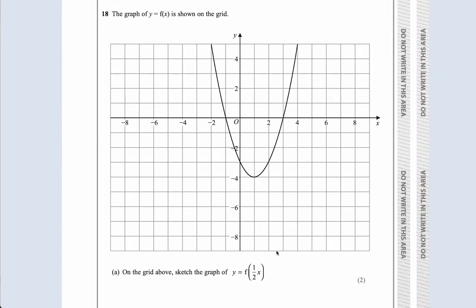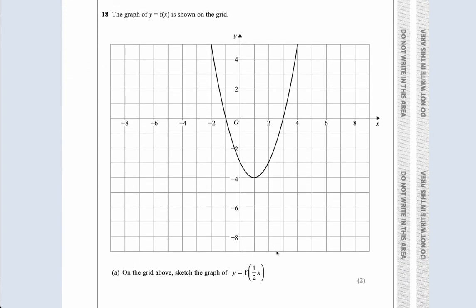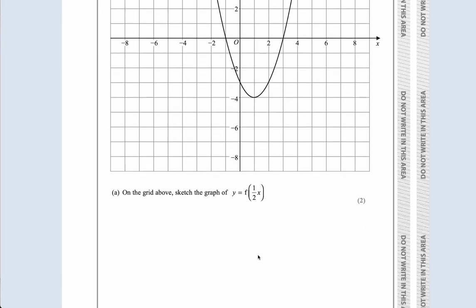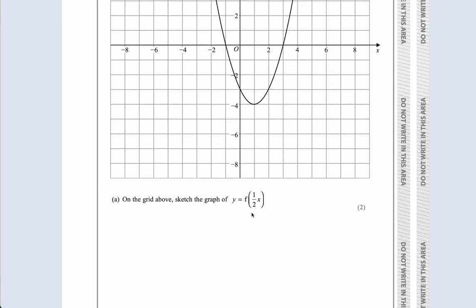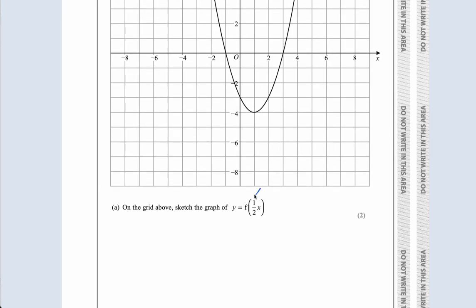Question 18. On the grid above, sketch the graph of y equals f of a half x. So this is f of x, this is f of a half x. All right, so this one's tricky, guys, because when the number with the transformation, like the half, is inside the bracket, I need to multiply the x coordinates.